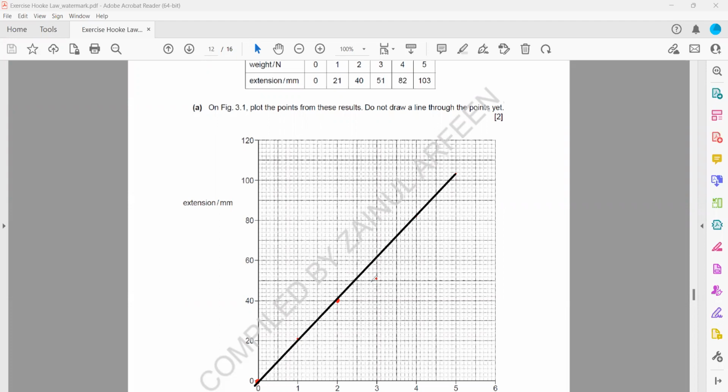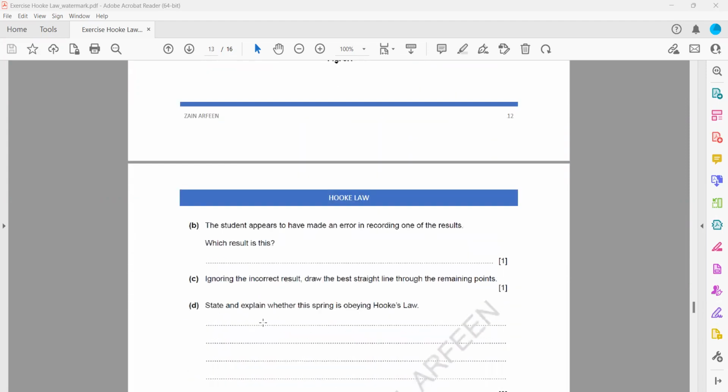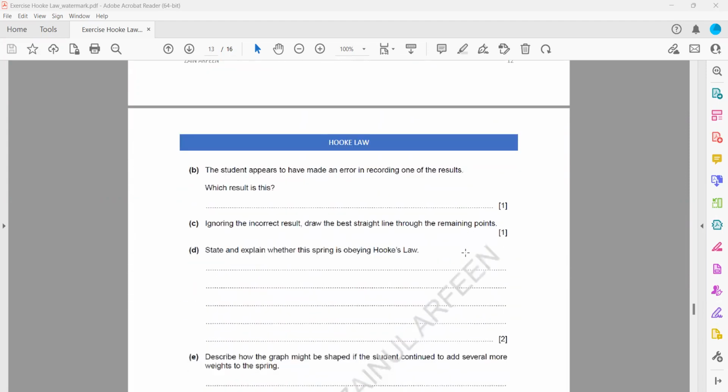So the point at 3 Newton, which caused an extension of 51 millimeter, appeared to be wrong. So this point is not correct. So you can mention the point at 3 Newton.